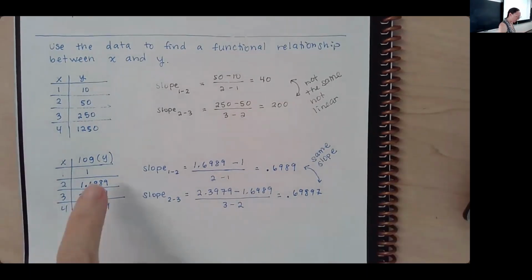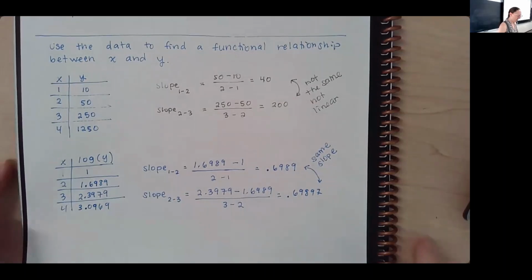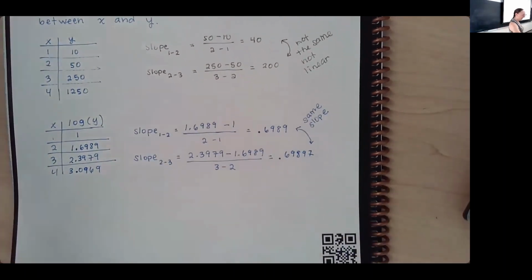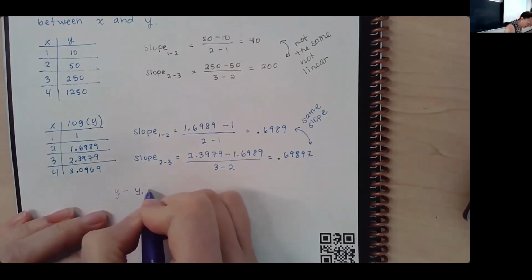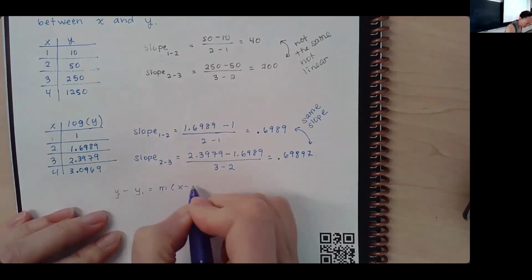So I have the same slope when I took the log of the y values. Well, in general, if I'm trying to find the equation of a line, I'm thinking about y minus y1 equals m times x minus x1.